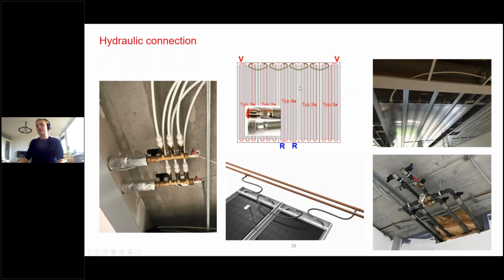And then you have, or these are two groups of panels, as I can see. So you have the flow line coming in here at this point, and then it goes through three modules that are connected with these kinds of hoses that can just be pushed onto the meander, and then everything is connected.